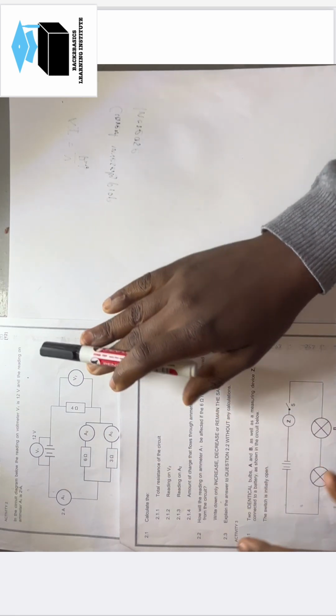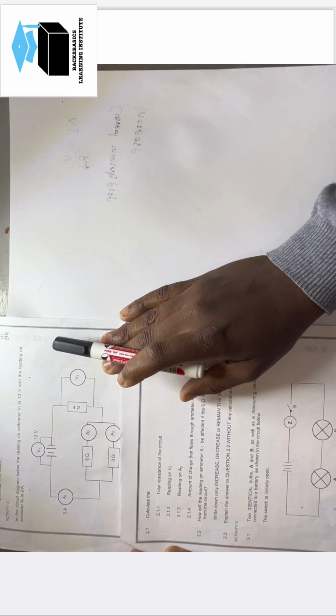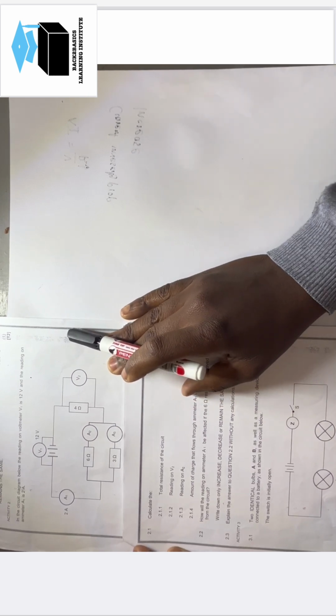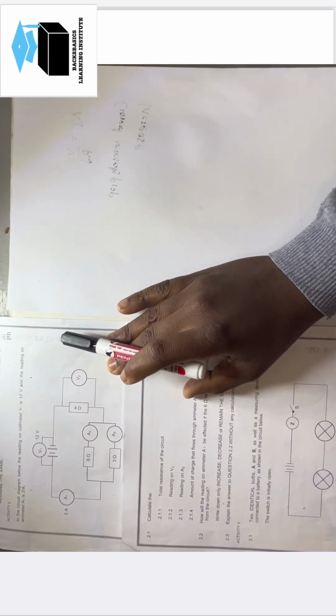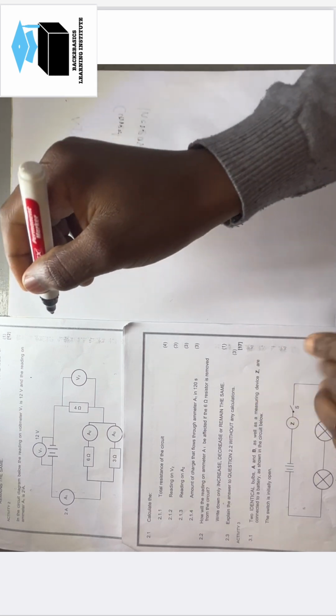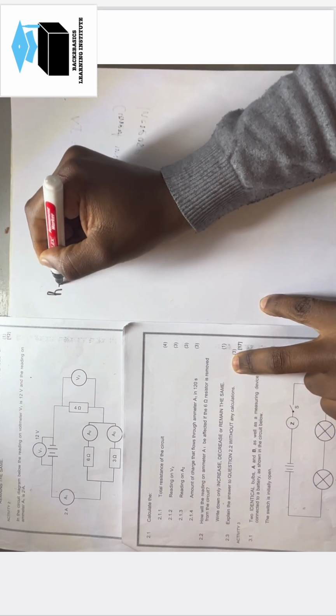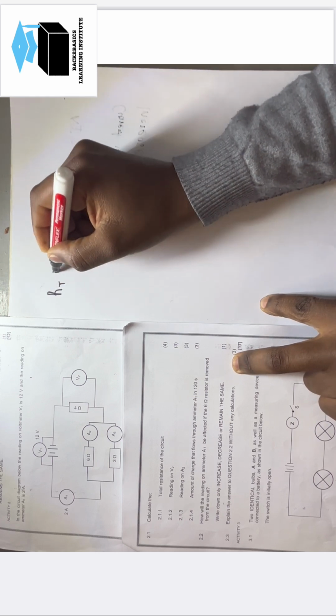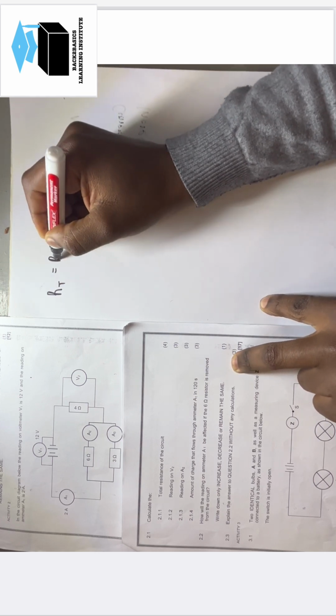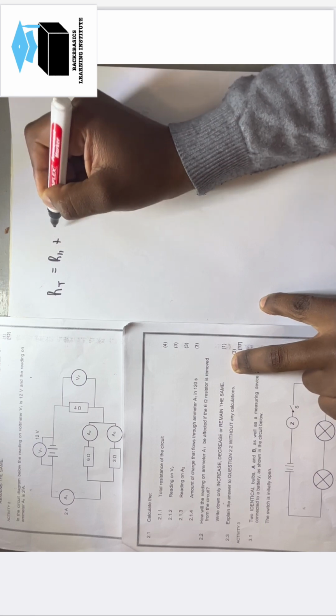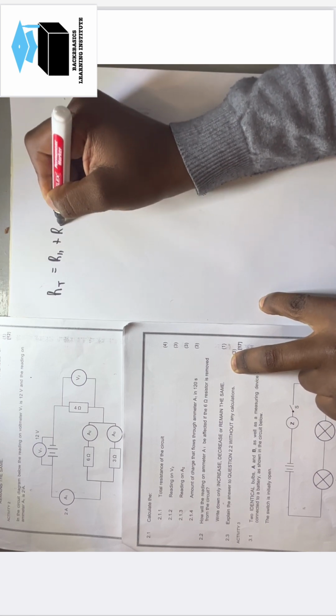Now this question is very critical. In order for us to solve it, we need to understand what R total is made up of. Remember that your R total in this case is going to be made up of your R parallel plus your R series.